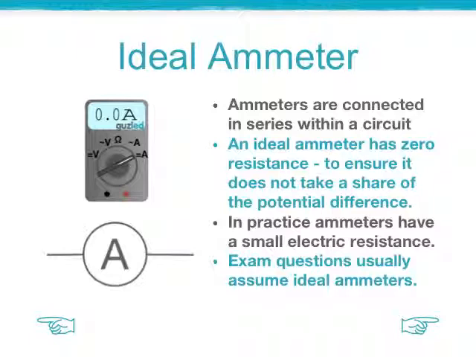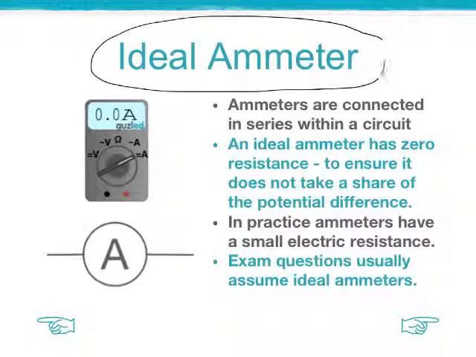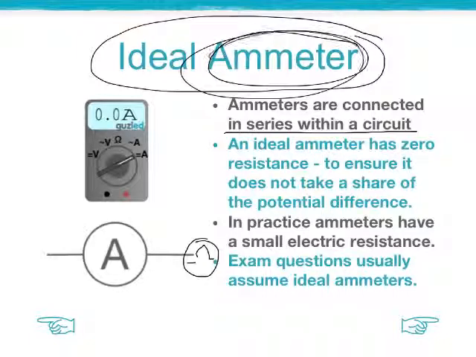We measure current with an ammeter. Now, ammeters are always connected in series. This means that they're always put next to the object that you're trying to measure the current of. So, in series means next to. In theory, an ammeter should be ideal.